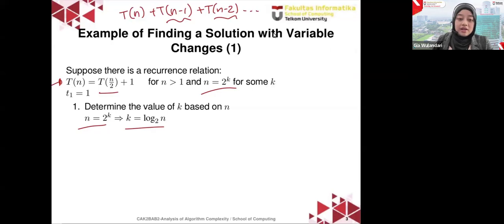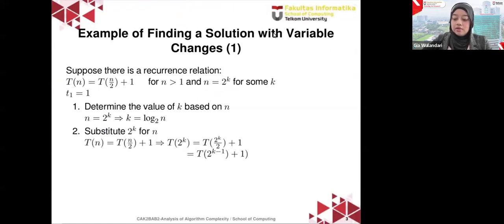Okay, and then what we need to do next is we need to substitute 2 to the k for n. So previously we have Tn, we will change it into T of 2 to the k. And then T of n over 2 will be T of 2 to the k over 2, which means we can write it as T of 2 to the k minus 1. And plus 1 stays as it is.